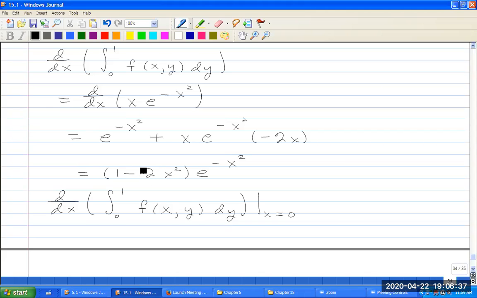This is going to be 0, so 1 minus 0 is 1, times 1 is 1. So I get that this whole thing is equal to 1.